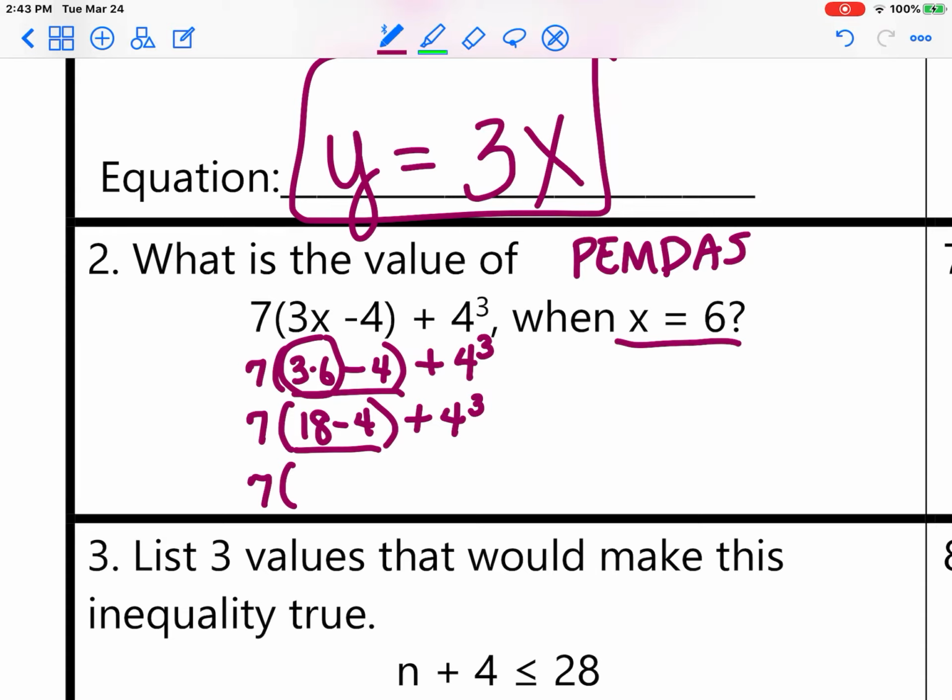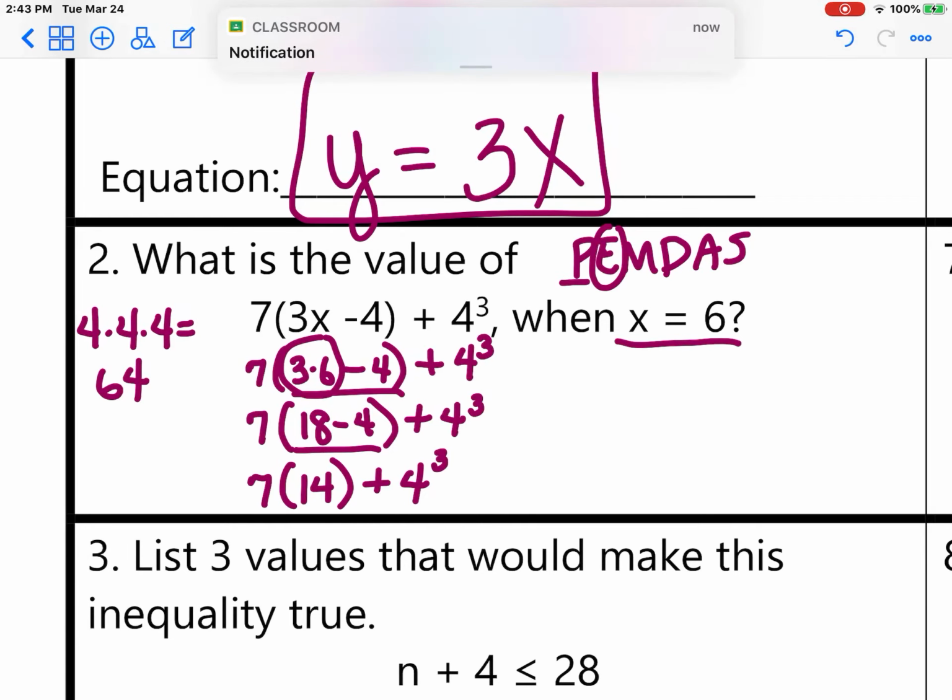So now it's 7 times 14 plus 4 to the third power. We've done parentheses. We now do exponents. 4 to the third power means 4 times 4 times 4, which equals 64.